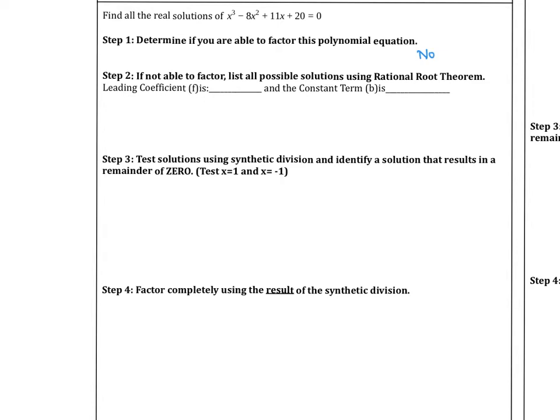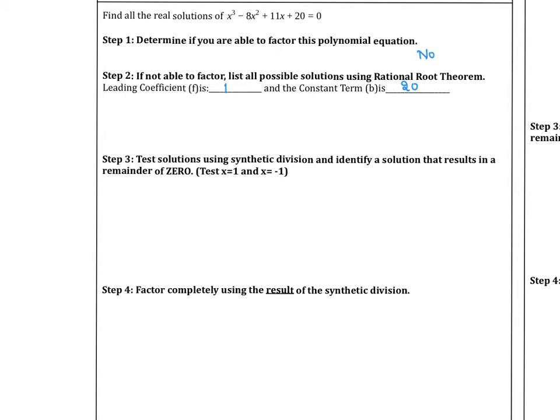Step number 2 is if you're not able to factor, list all possible solutions using the rational root theorem. So you're going to have to find the leading coefficient and the constant. The leading coefficient for this equation is 1 and the constant term is 20.